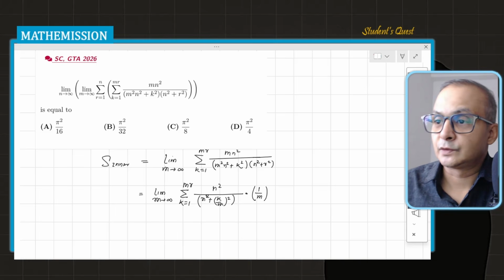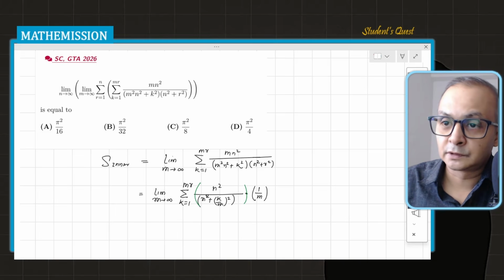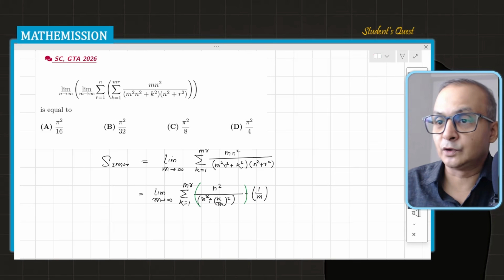Because notice what I have done, this term I'm dividing with m square and this term I'm dividing by m square. So this m by m square becomes 1 by m, which I have written here in the front, and this is going to be n square by k by m the whole square, and one extra term I am left with here, that is 1 by n square plus r square.